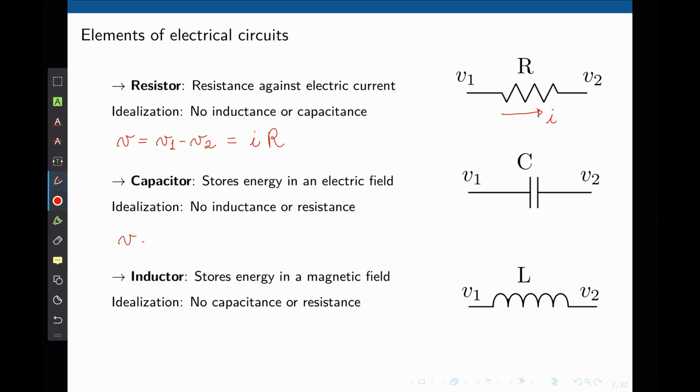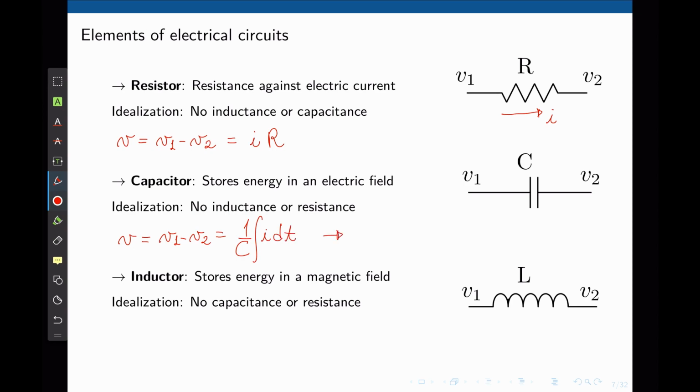The voltage drop across a capacitor is also V1 minus V2. The assumption when you have a capacitor is that there is no inductance and no resistance. We have a purely capacitive load. We can now write that this voltage drop is 1 over C times the integral of the current, integral of I dt.